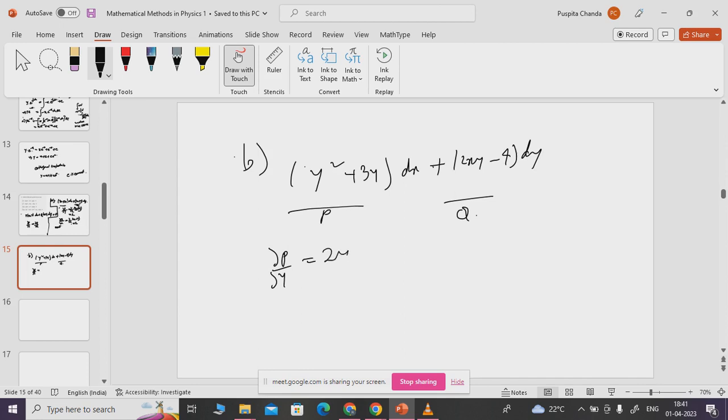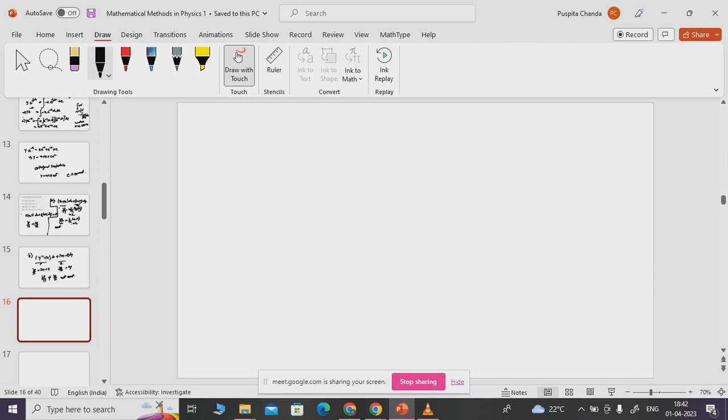So this is P, this is Q. Del P by del y is 2y plus 3. Del Q by del x is equal to 2y. So del P by del y is not equal to del Q by del x, so it is not exact.